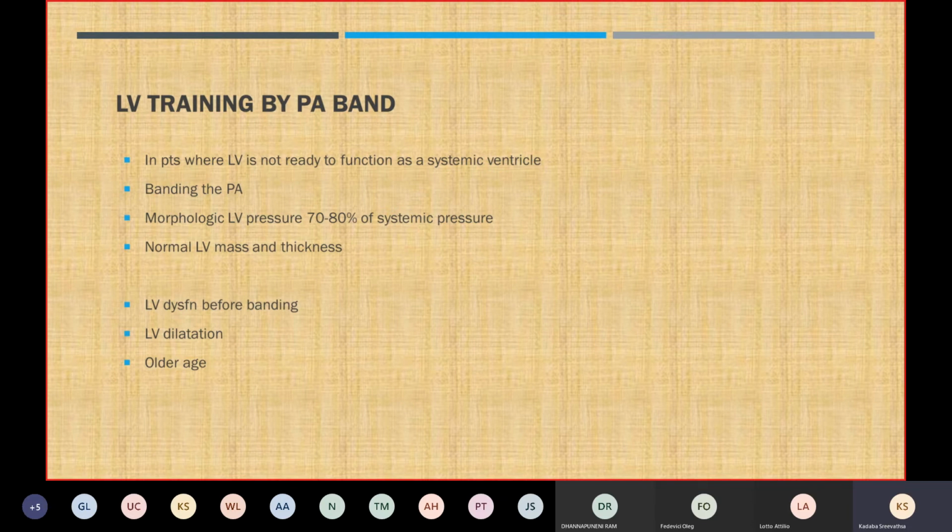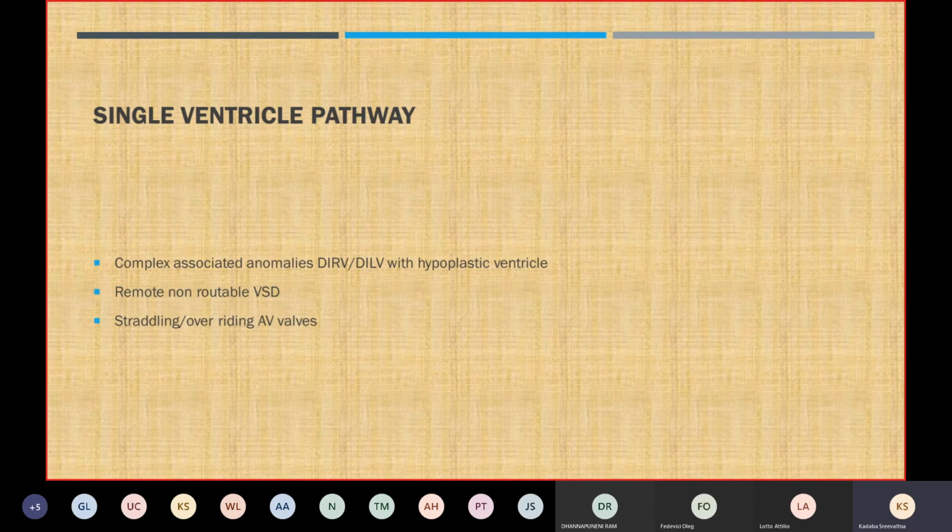As the age goes above 15 years, the success of this surgery is less and hence it is probably not undertaken. The risk factors for a poor LV training even after PA band are if the LV is already dysfunctional before banding, the LV is already dilated before banding, and, as I said, older age. This is not a surgery which is proven to be effective as well.